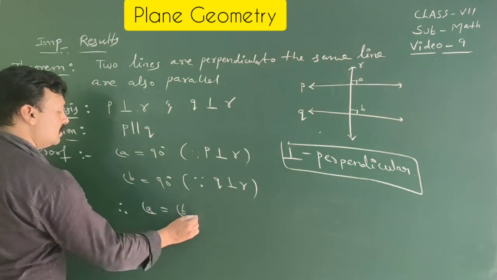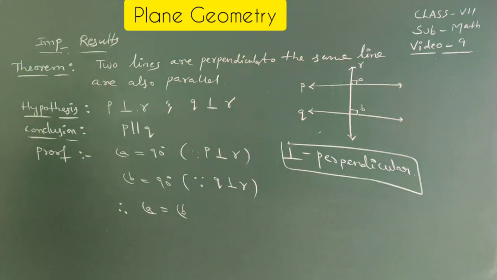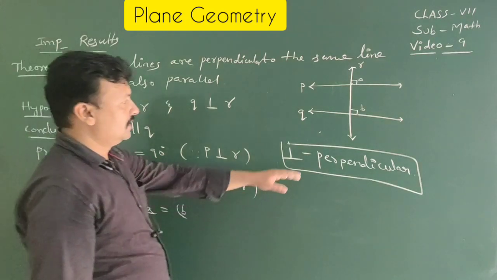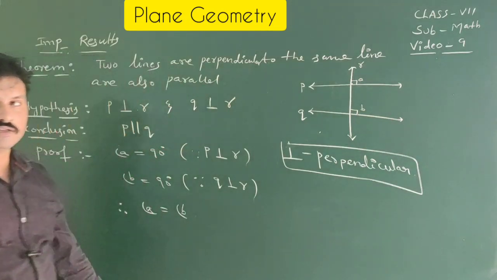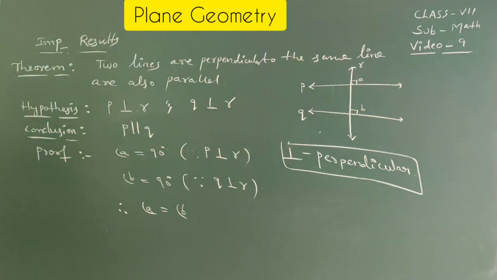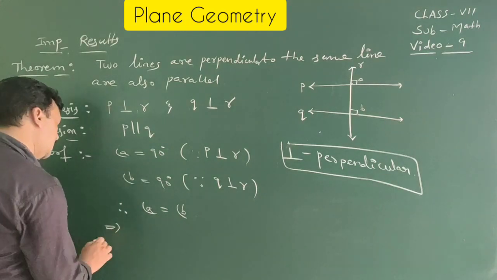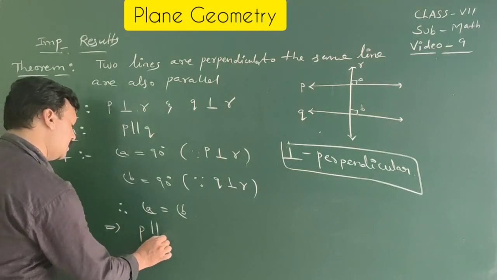Therefore, A equals B. Here A and B are corresponding angles. The corresponding angles are equal, so the lines are parallel.